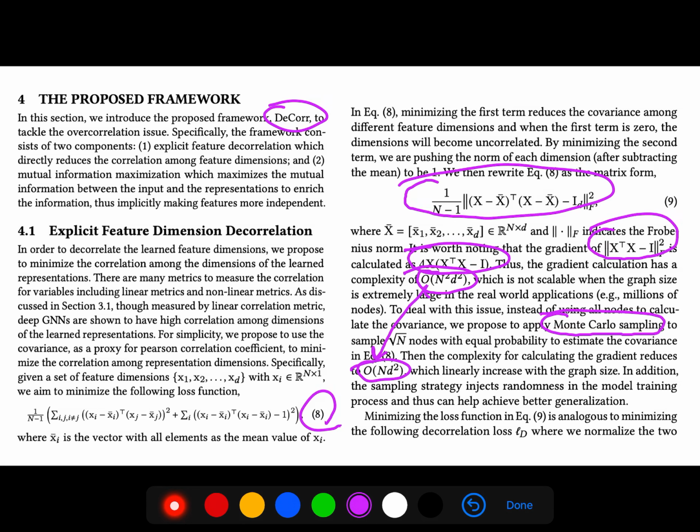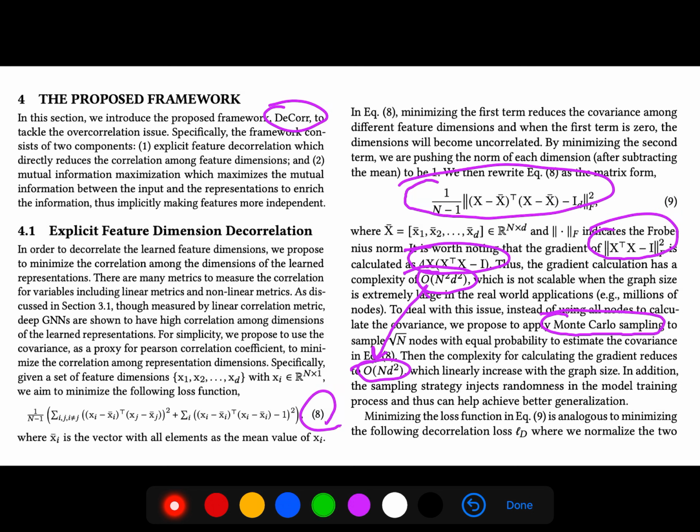So amazing reduction by just sampling. You don't need to use all of the nodes, and root n of them is enough. N squared is a lot of complexity. And this sampling strategy injects randomness in the model training process and thus can help achieve better generalization.